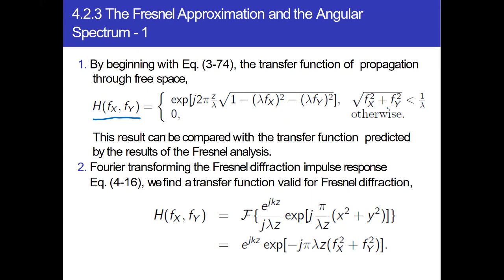So if our spatial frequency is given by this region, then we have a certain non-zero term, but outside it is zero. Okay, this is the transfer function. And Fourier transforming the Fresnel diffraction impulse response, the transfer function value for the Fresnel diffraction is given by this one.